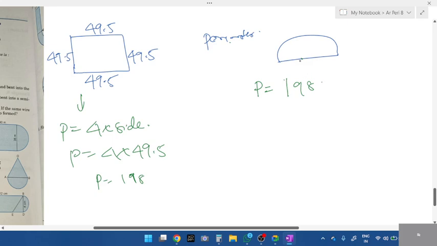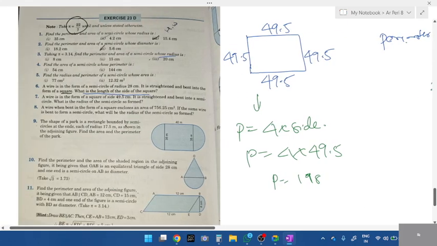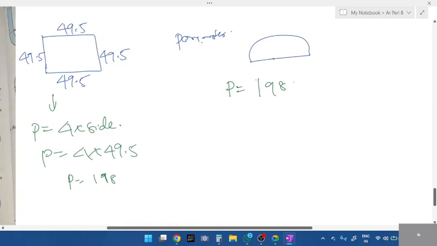Keep it as 198. This square is converted into which one? Read the sentence. Square is bent into semicircle. Yes. Use the perimeter of the semicircle.